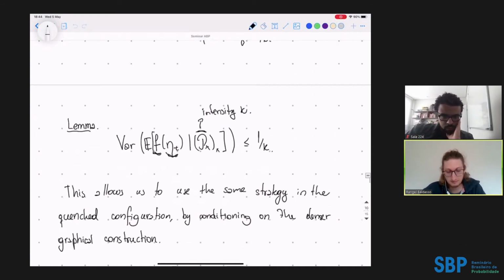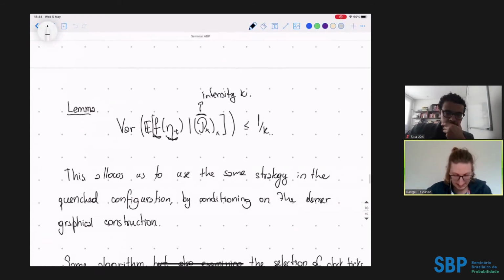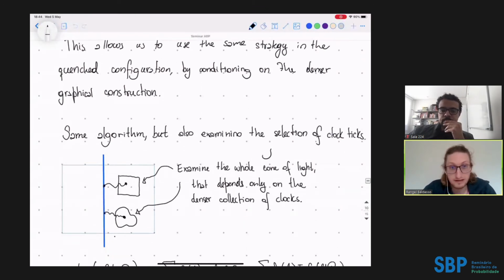You can use the same strategy as in this quenched configuration, but quenched on this larger density in this construction with an increased density. And then what to do is copy the proof the same way, a bit.